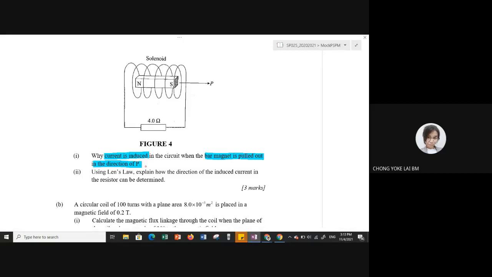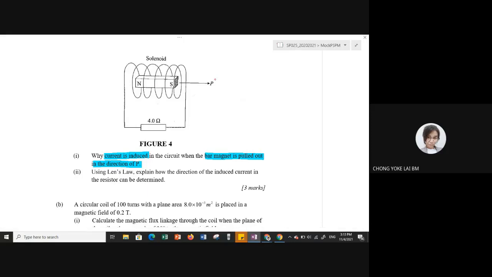Anyone want to share your answer? Due to the cutting of magnetic flux. Okay, sebab magnet bar ni akan ada magnetic field line. Solenoid ni dia ditarik keluar, so seolah-olah magnetic field you dipotong.